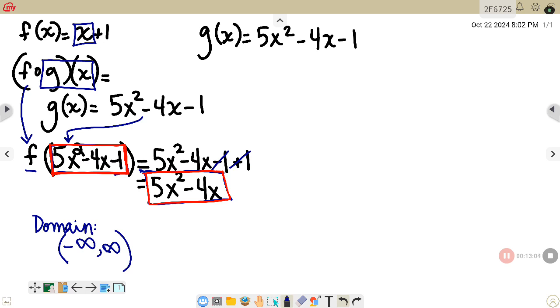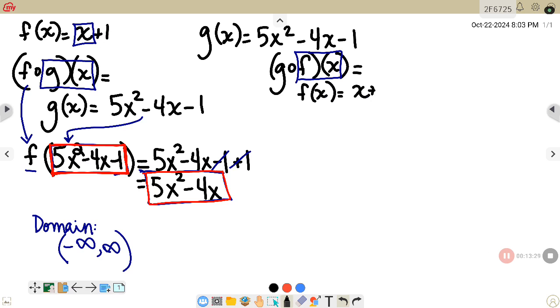Now we're going to do it the opposite way. We found f of g of x and its domain, and now we are going to find g of f of x and its domain. So the first thing we find this time is f of x. Well, it tells me that f of x equals x plus 1.